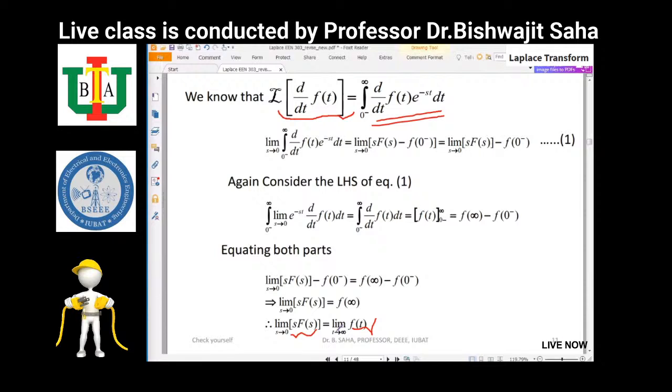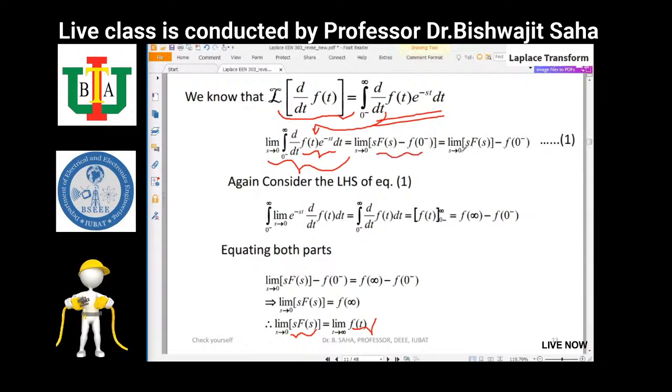We will see some examples. Before that, we have to see the proof, how it is proved that limit s tends to 0 of s F of s equals to limit t tends to infinity f of t. So if we consider this limit s tends to 0 on the right part here, this equals to s F of s minus f of 0 minus, you already know.